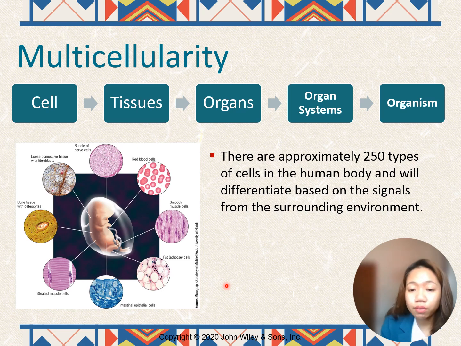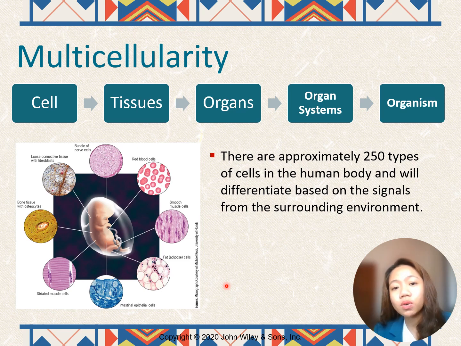So one organism can be composed of hundreds of thousands of cells, and these cells of similar purpose and structure make up the tissues. Tissues make up the organs, and the organs make up the organ systems, and so on.